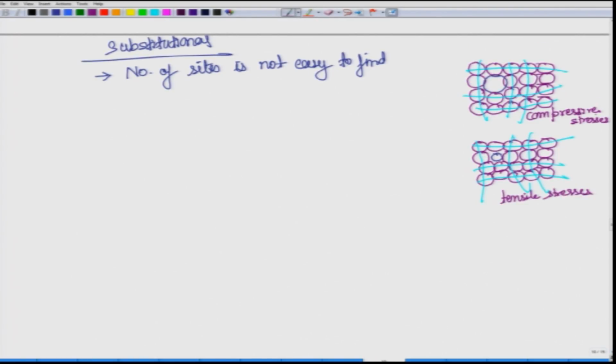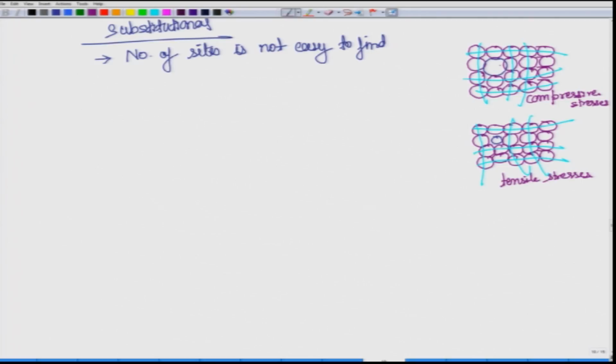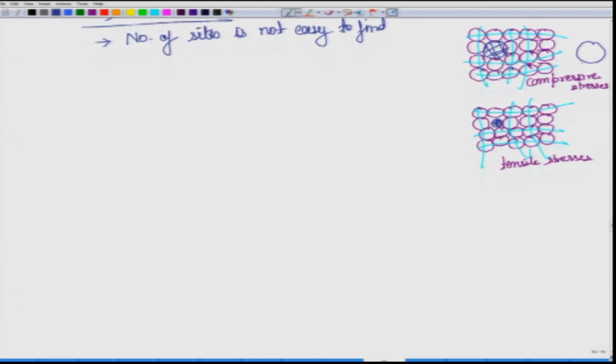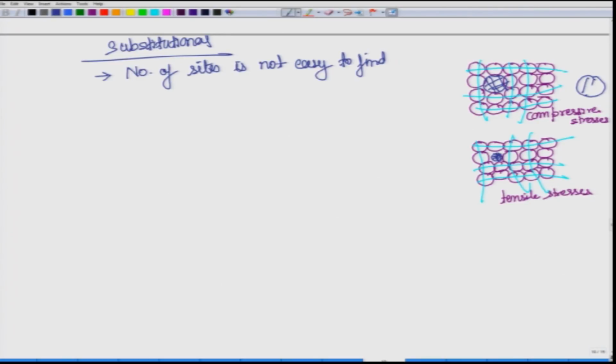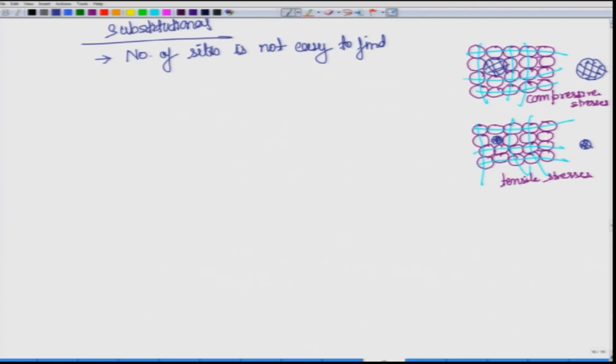Stress is one thing, the other thing that we need to look at over here is how these atoms find a site for themselves. So, now like I said, this is one of the substitutional atoms. So, let us say there is still another atom on the edge which wants to move inside this system, or over here. Now, as you can see, one of these atoms will have to be displaced. So, it is not so easy for it to find a site, and that is what I have written over here, that it is not easy to find sites.